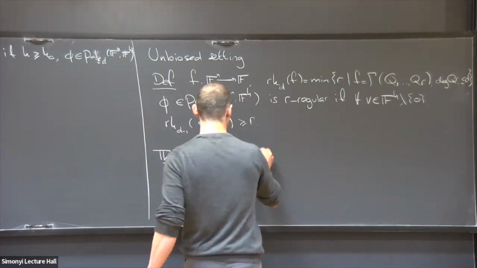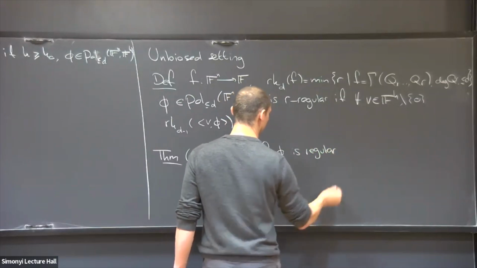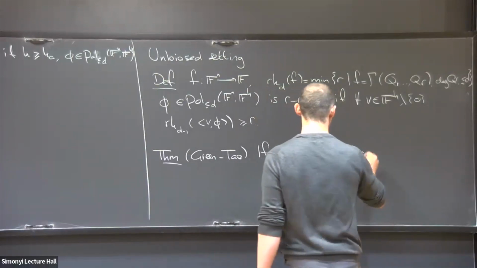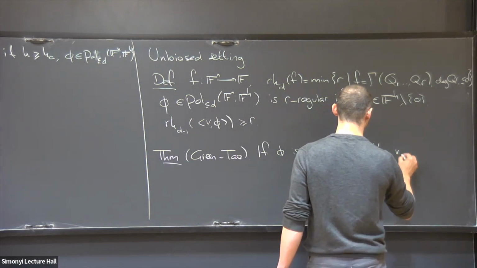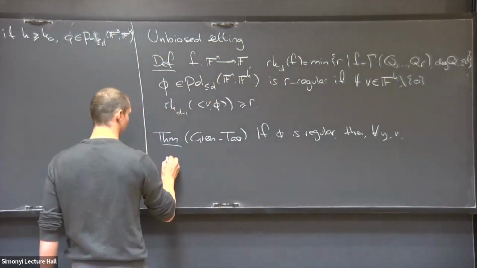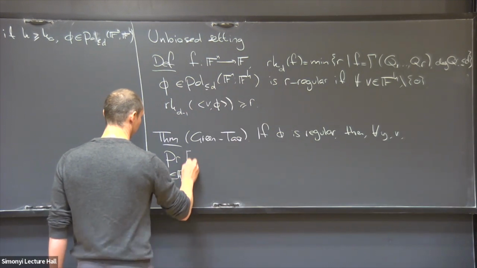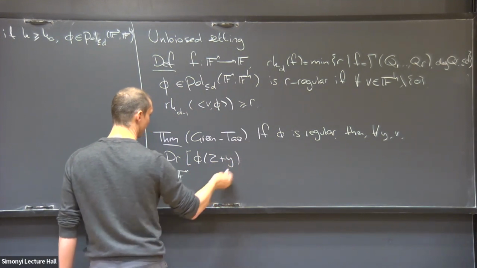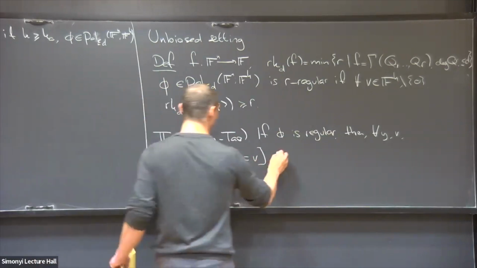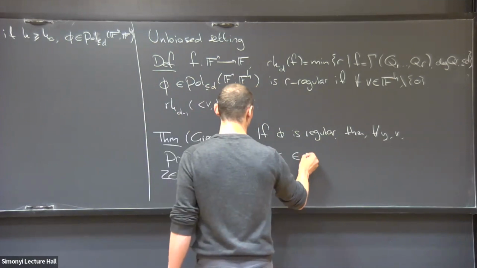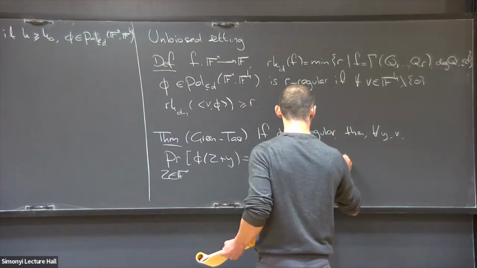So Tao proved that if phi is regular, then, and I'll paraphrase the result slightly to make it look like the thing I'm after, for every vectors y and v, the probability over the uniform noise vector z that phi of z plus y equals v, so maybe think of y as a code word and v as a message you're trying to decode, is bounded from above by some epsilon, a parameter depending only on the degree, and I think the field, and on the measure of regularity.